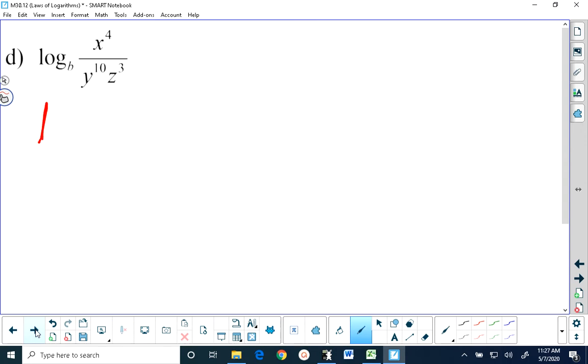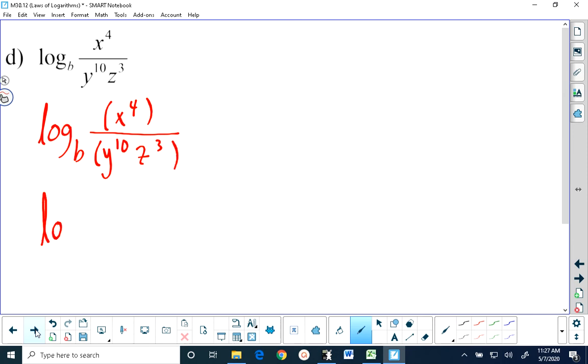Since it is log base B of x to the 4 over y to the 10 z cubed, we can use the quotient law and write log base B of x to the 4 minus log base B of y to the 10 z to the 3.